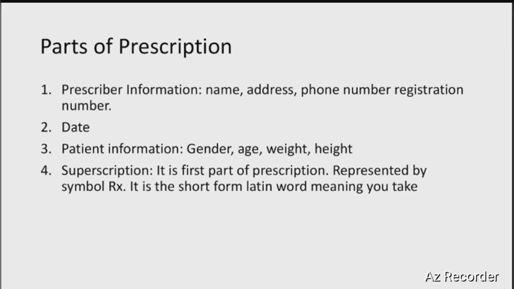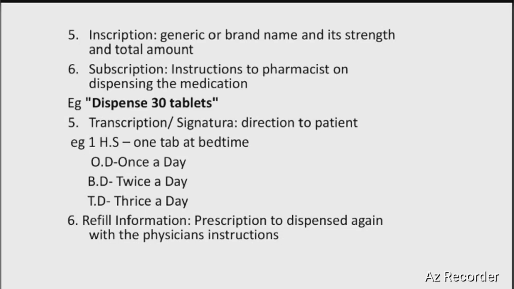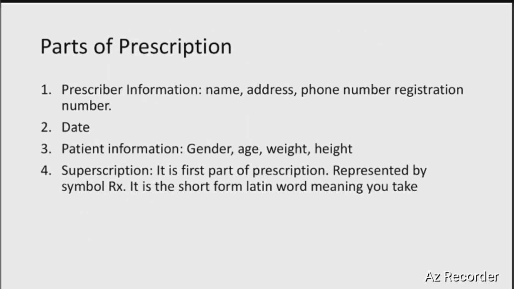Others like prescriber information, patient demographics, and date are the mandatory parts of the prescription, which are reflected in the sample prescription I showed you just now. Next part is your inscription. Inscription is the main body of the prescription. It contains the brand name or generic name, its strength, and total amount.